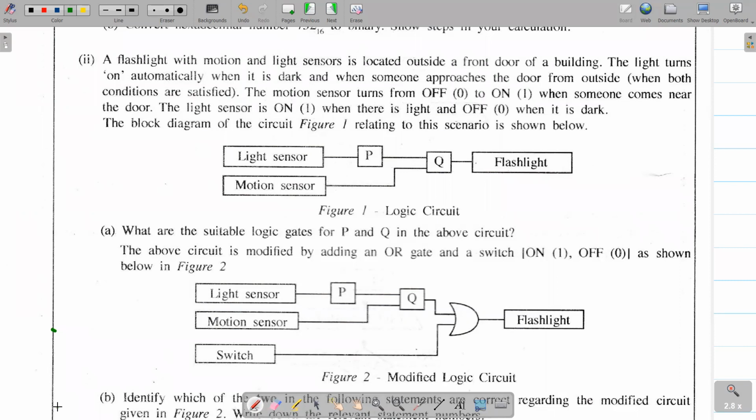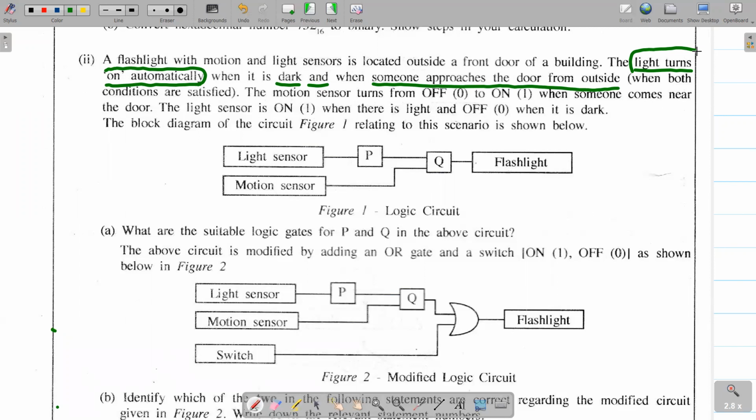The light turns on automatically when it is dark and when someone approaches the door from outside, right? So light turns on means this is the output that we are talking about, right? It's controlled by the motion sensor and the light sensor.